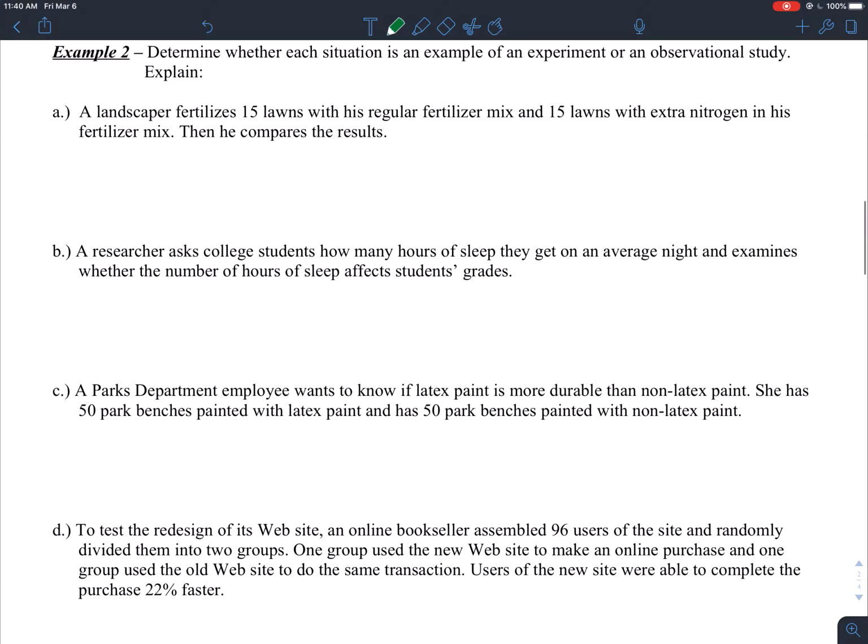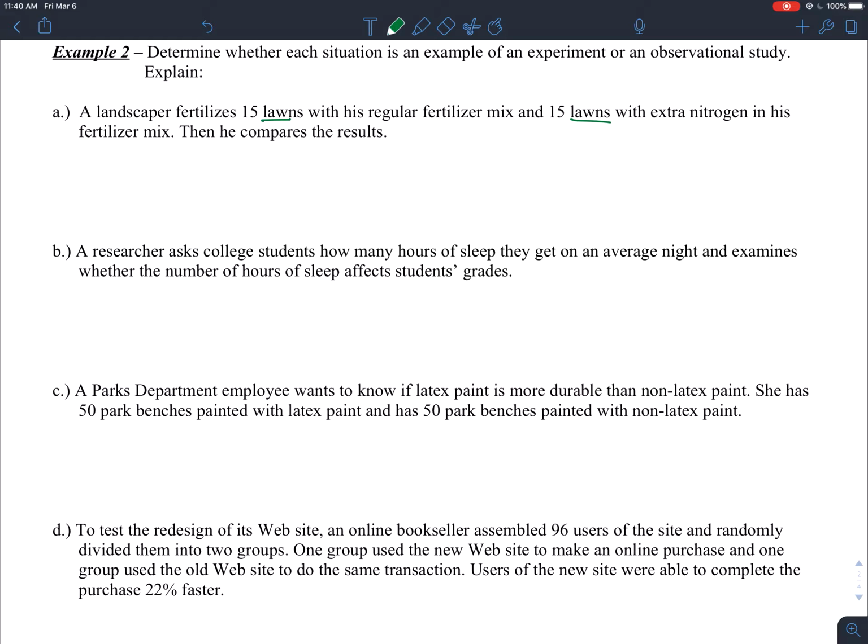So, example 2: determine whether each situation is an example of an experiment or an observational study, and explain. A landscaper fertilizes 15 lawns with his regular fertilizer mix and 15 lawns with extra nitrogen in his fertilizer mix. Then he compares the results. It seems like the lawns are the individuals or subjects.